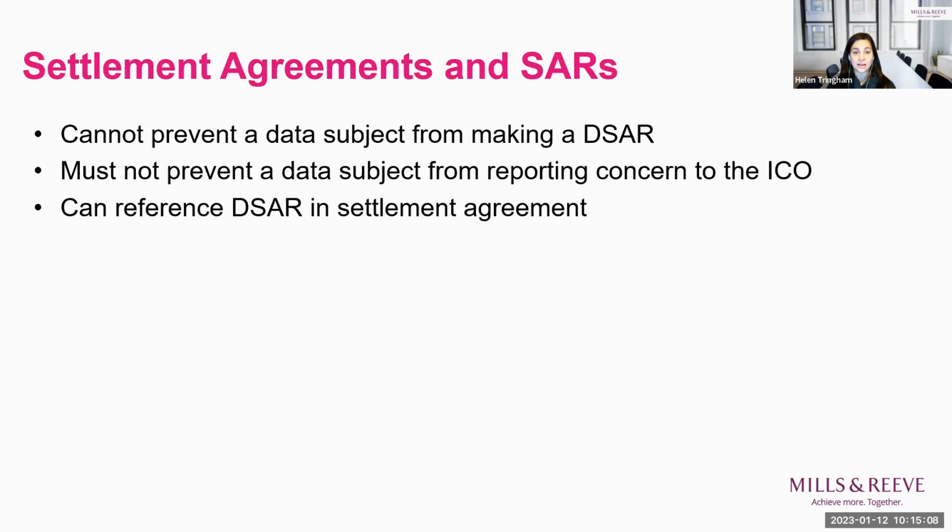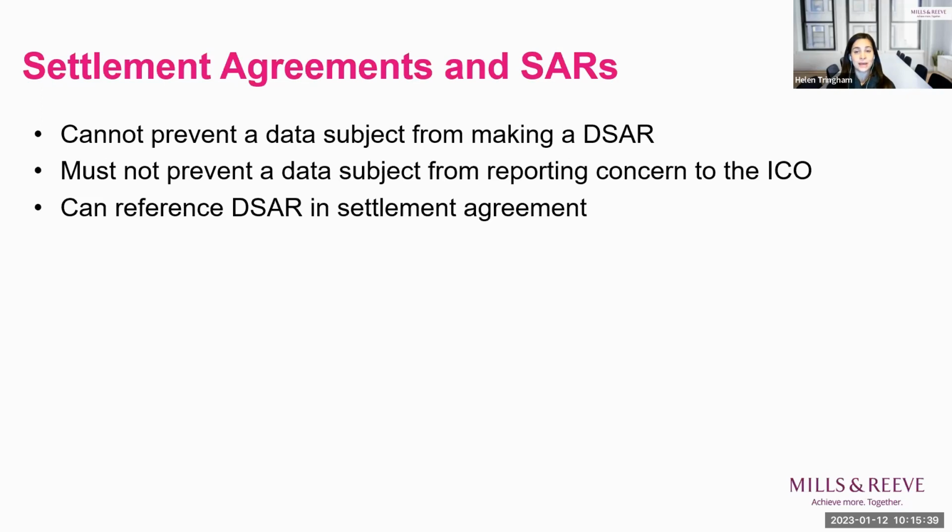Indeed, regulators like the Information Commissioner expect data controllers to make clear to the data subject their right to complain to the regulator. So what this means is that you should not seek to prevent an individual from making a future subject access request, and any settlement agreement should not prevent a complaint to the ICO. At best, you can ask in the settlement agreement for acknowledgement that the current subject access request has either been withdrawn or completed to their satisfaction.